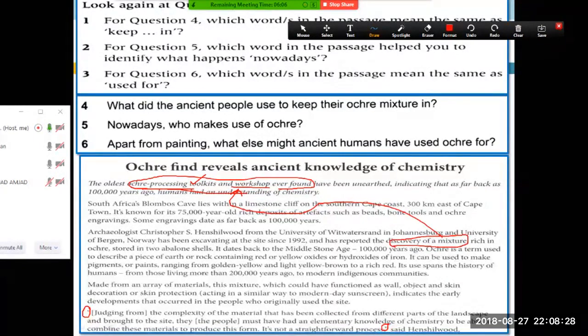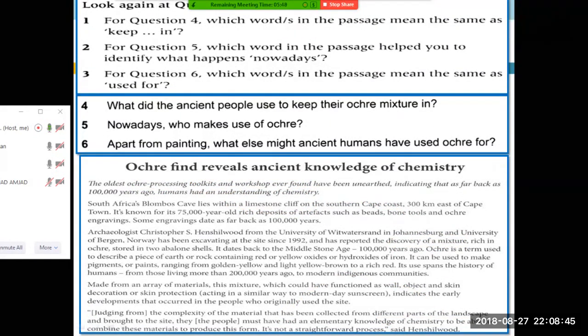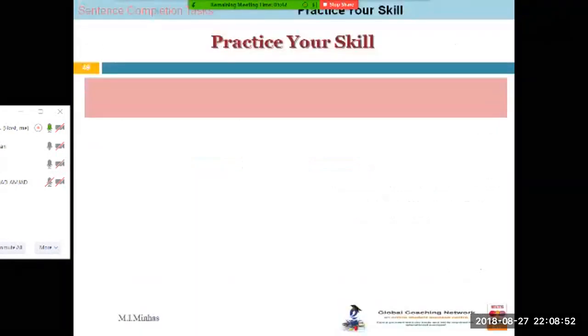People have to bring different ingredients from different parts of the landscape, and then they bring it in the workshop. And this process is not simple. That means this discovery shows that people in the old times had some knowledge of chemistry, even some 200,000 years back. I hope you remember it now.